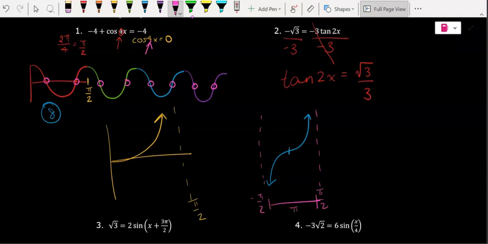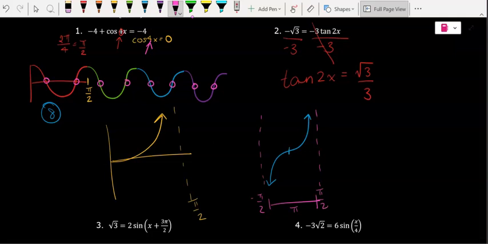Now I've taken that and shrunk it in half, so that means that my asymptotes are going to be at pi over 4, 3 pi over 4, 5 pi over 4, 7 pi over 4, and it's going to keep going. All of my pi over 4s are going to end up being my asymptotes instead of my pi over 2s. And again, the reason I know that is because I've compressed my graph in 1/2. Half of 1/2 is 1/4.